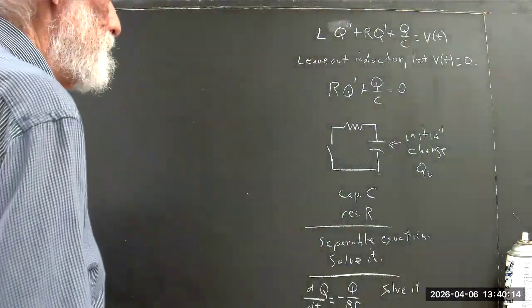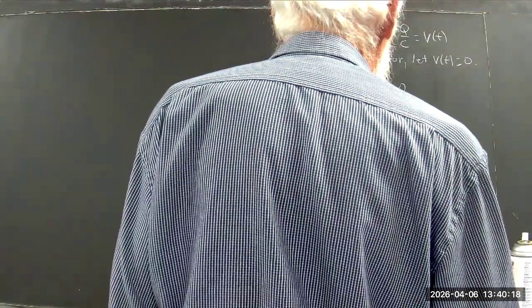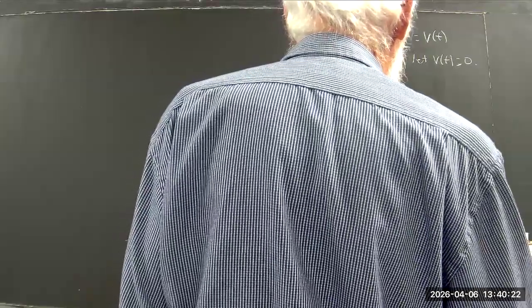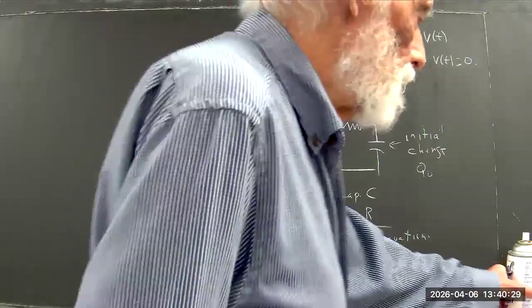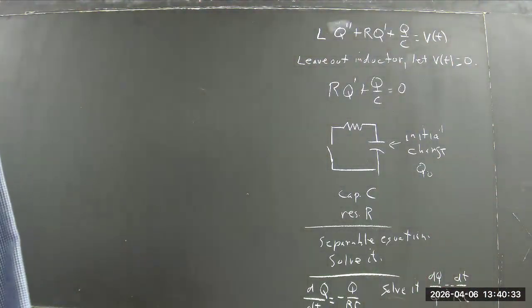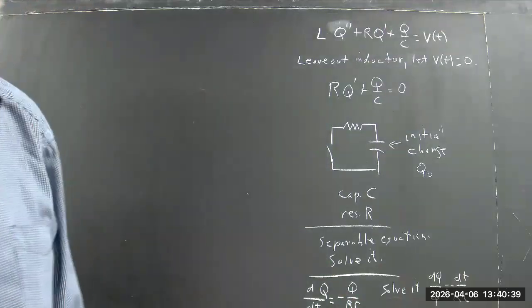Solve it. You're going to have dq over q equals negative dt over rc. You solved equations like that in your first semester of calculus. If you've had differential equations, you solved the whole equation.